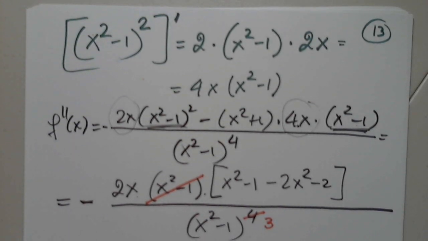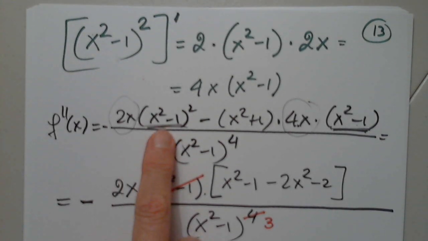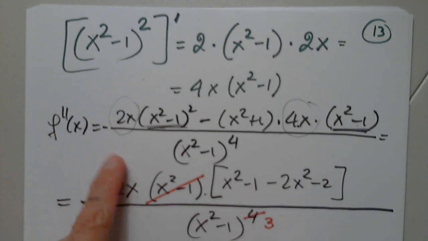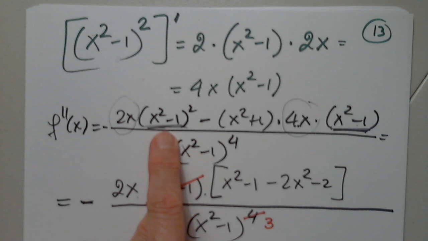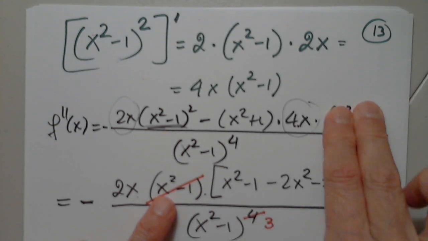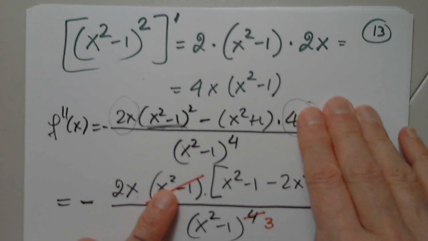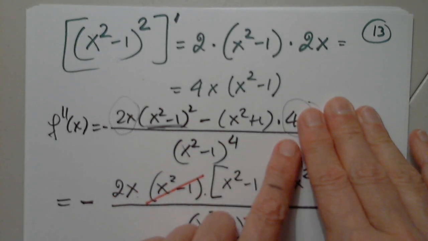Let's do this one more time. So 2x is out. One of these two factors is out, but one of them has to be in. How do I know? Well, when I multiply these, I have to get that: 2x times x squared minus 1 times x squared minus 1, I get that. Now, this is out, because it's right here. x is out. And the 2 is out. 2 times 2 is 4.